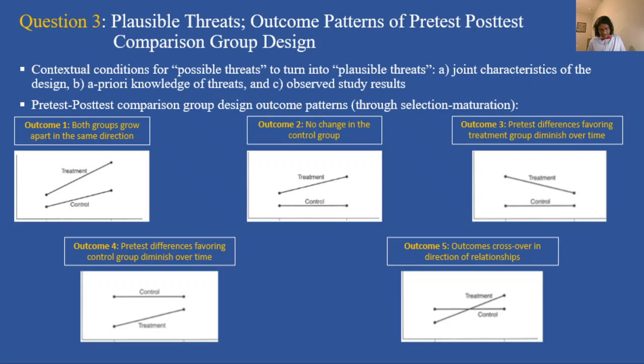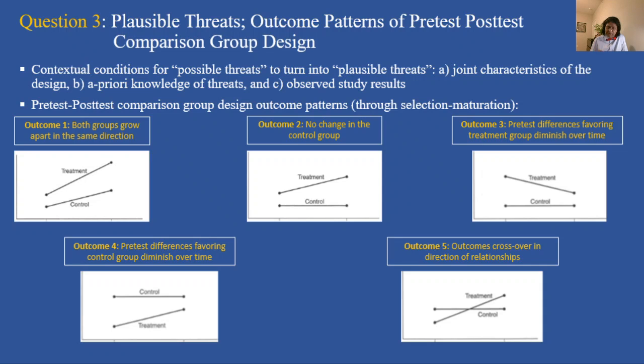Now, the book has a statement: possible threats to validity are not always plausible ones. So, what does that mean? If you remember, we discussed in chapter 2 that there are 9 possible threats to internal validity. But the probability, that is the plausibility, of any of these 9 threats actually occurring depends upon certain contextual conditions.